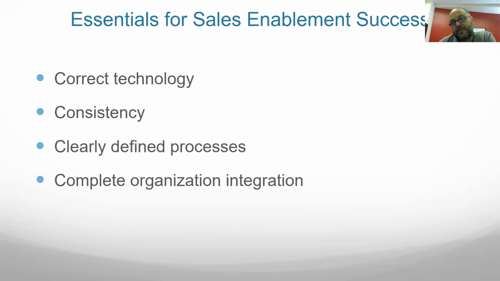So if that's the case, the most important aspect of sales enablement is, again, that you should make sure you have the correct technology. But in order to have the correct technology, you have to have clearly defined processes saying what we expect the technology to do, what my typical sales process looks like, and where technology can help in that sales process.